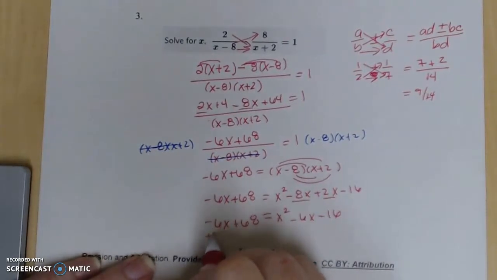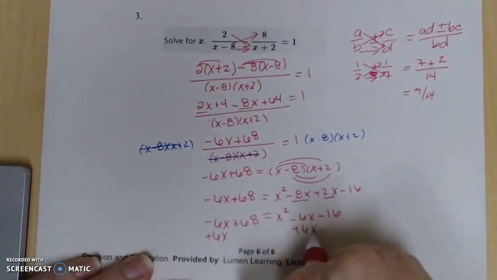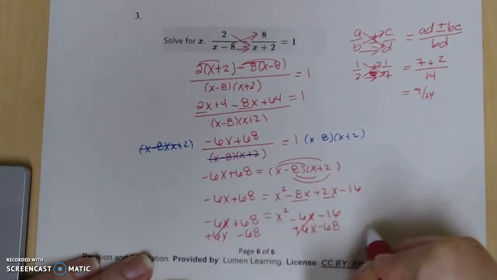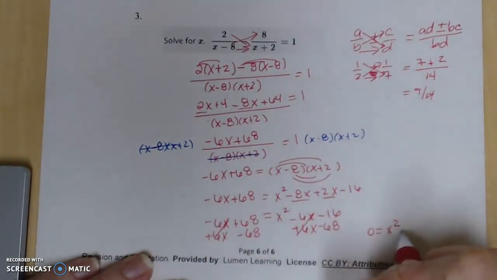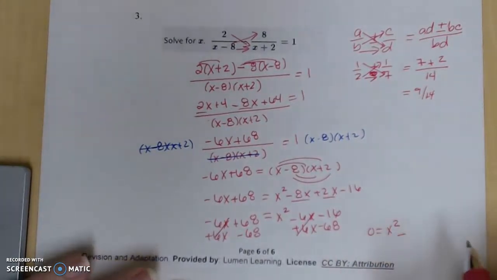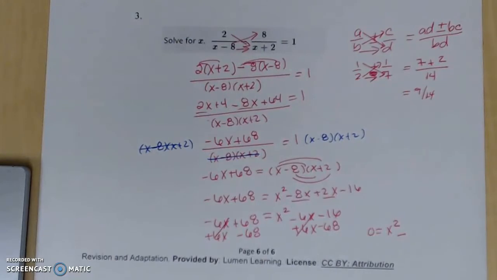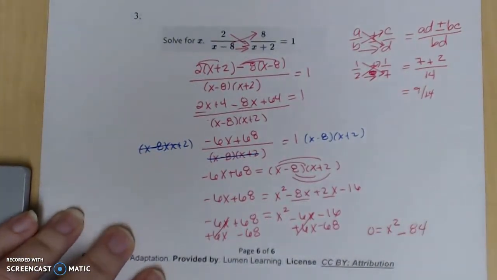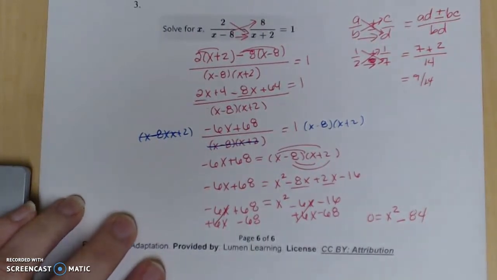And so I'm just going to solve the quadratic. So I'm going to add 6x over to the other side, which actually cancels. Subtract the 68, and I get 0 equal to x squared minus 84.